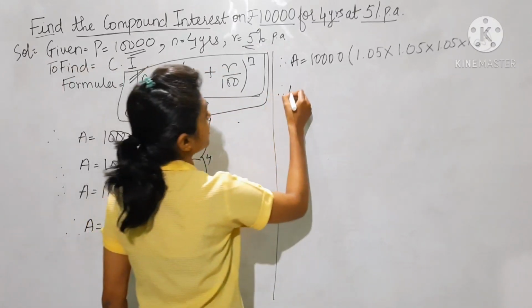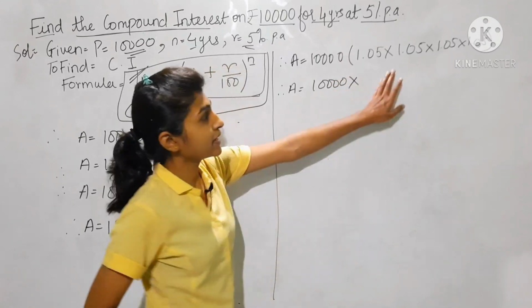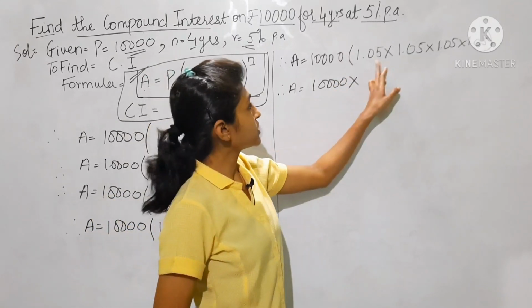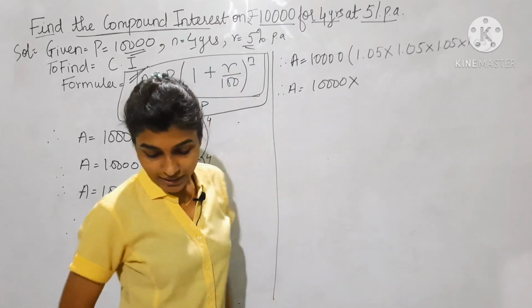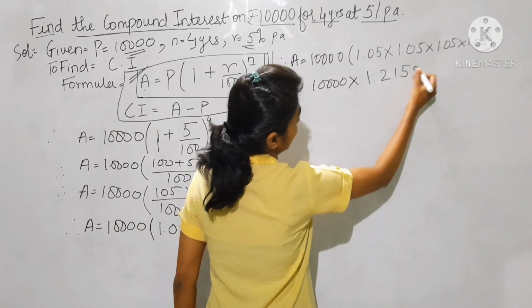So therefore A is equal to 10,000 into, if you multiply this 1.05 4 times, you will get 1.2155.